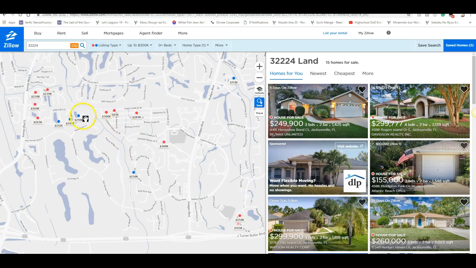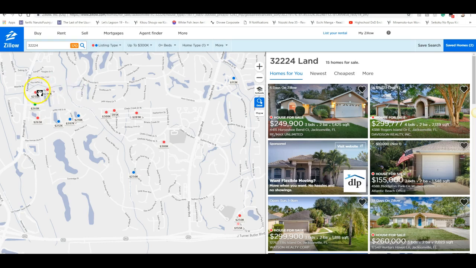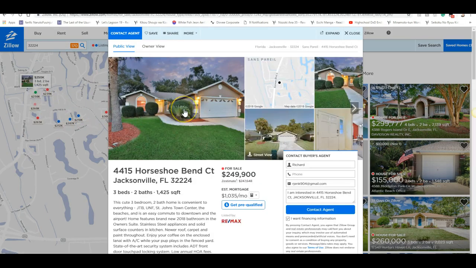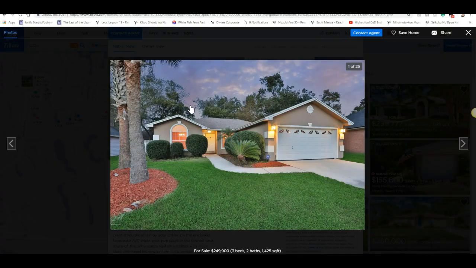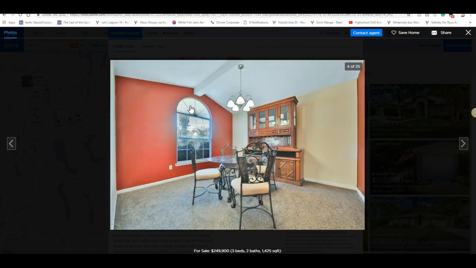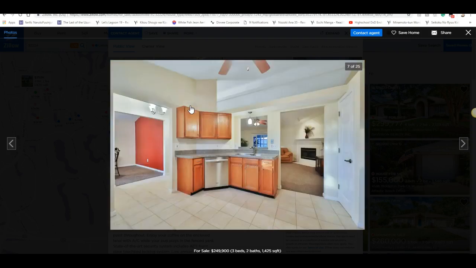But as you can see, when you start looking, here is a house. Say this house right here on Kernan. It's a 3-bedroom. Okay, let's go for another house. I don't like how that one looks. So this is an average home in Jacksonville, $250,000. They kept up the house well. You can see it's a pretty decent home.